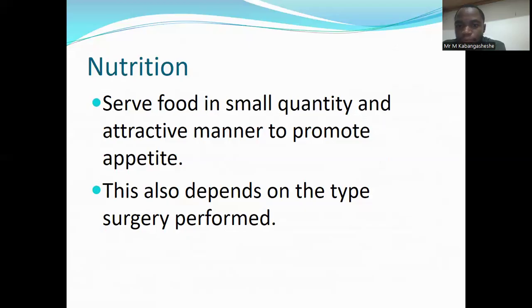Patient is unconscious, how do you provide nutrition to them? Patient has gained consciousness, how do you now initiate feeding and progress it to the point where they go back to their usual or previous eating? So usually we start with liquids, then we go to semi-solids, then we go to solids. Water, plain water, they take a sip.